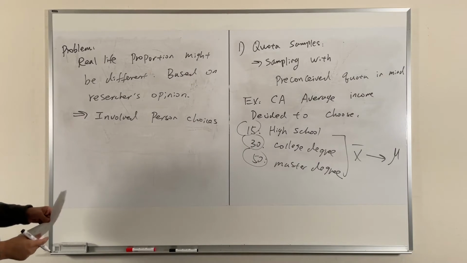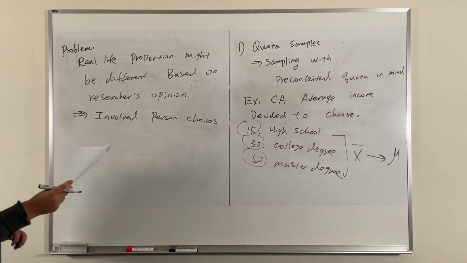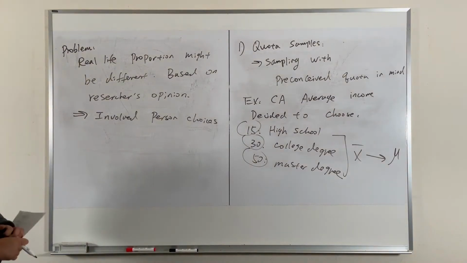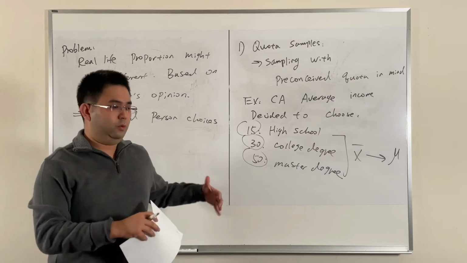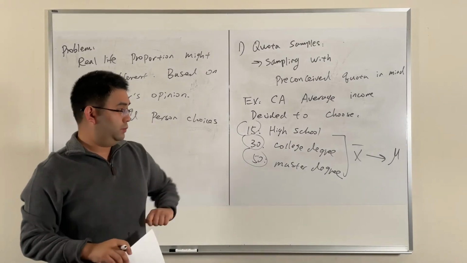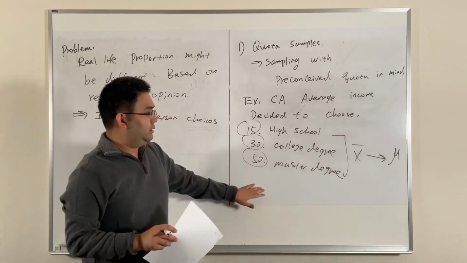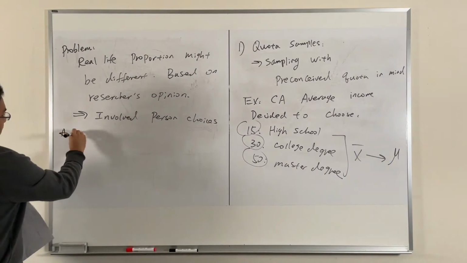And now the question is, how does it compare to stratified sampling, right? It's kind of similar to stratified sampling, where you divide the population into groups and then pick a certain amount from each group. But what's different in this case?